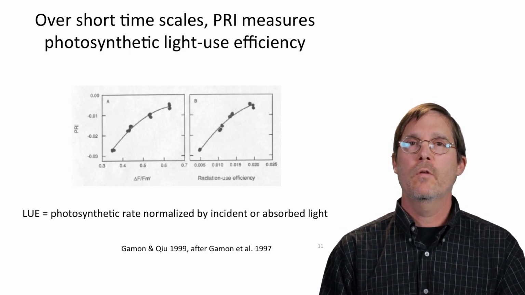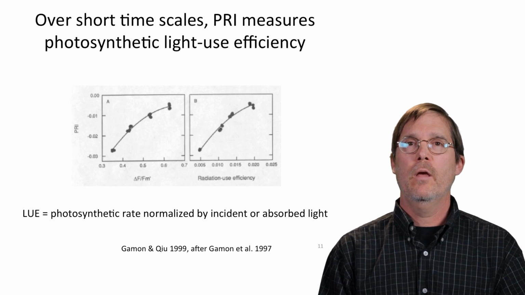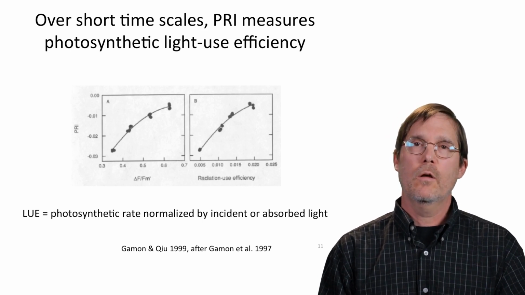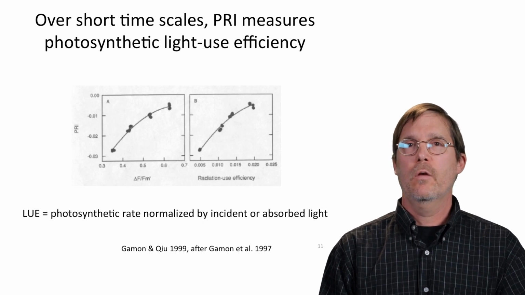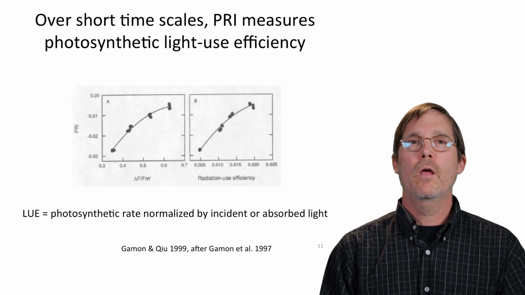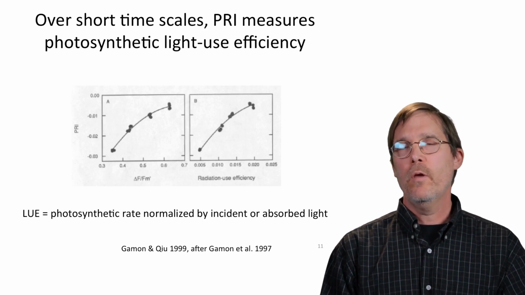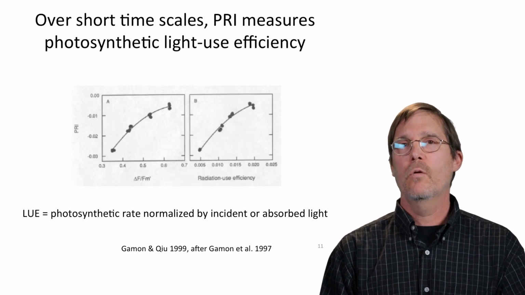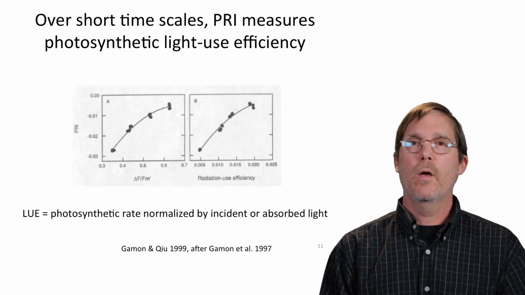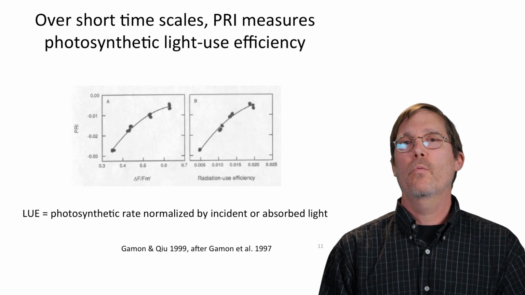So from these experiments, we've learned that there's a very close relationship between the PRI and the chlorophyll fluorescence yield in the left-hand panel, and in the right panel, we see a close relationship between PRI and the actual photosynthetic radiation use efficiency or light use efficiency, often abbreviated LUE, which is expressed different ways, either the photosynthetic rate normalized by incident light or normalized by absorbed light, which is perhaps a better way to do that.